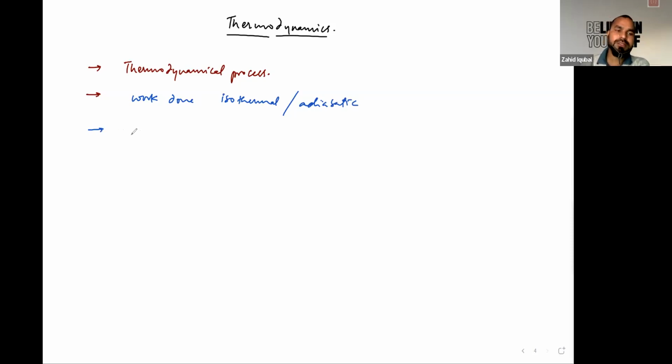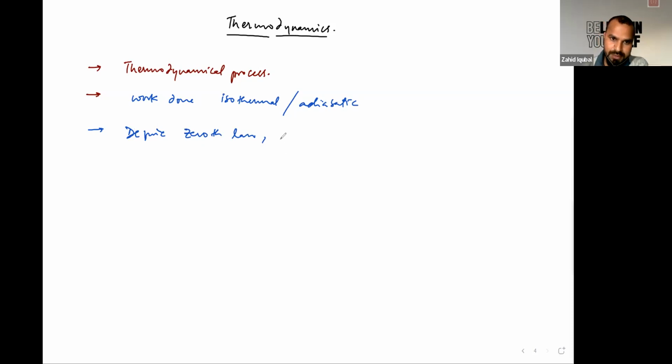There will be questions to define the zeroth law or first law, or simply the statement of the second law, that is Kelvin-Planck statement and Clausius statement.